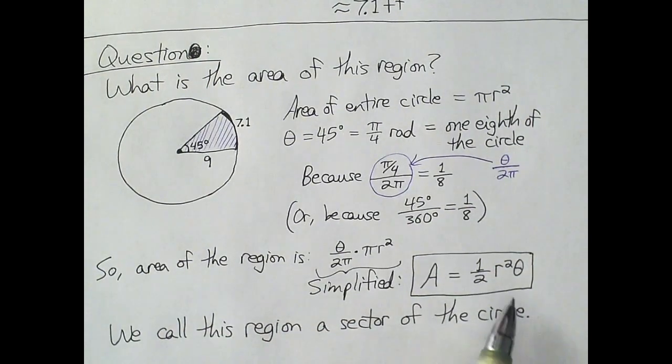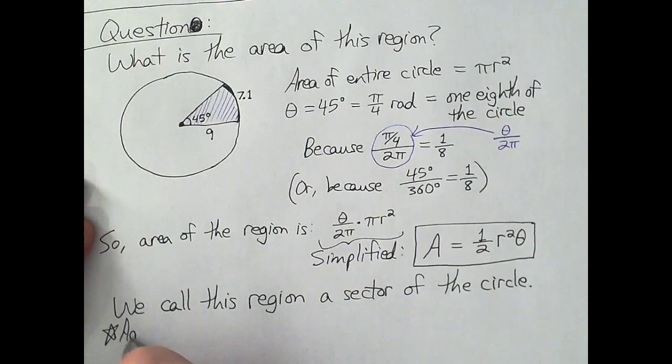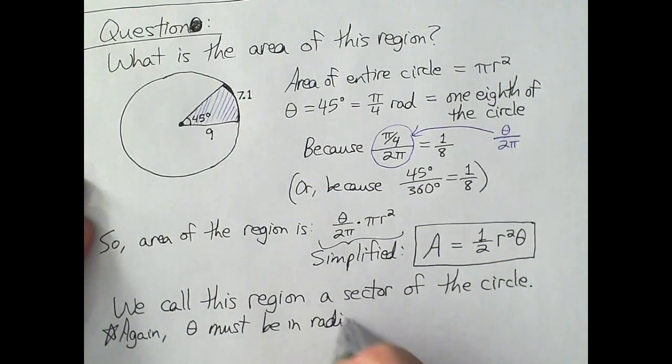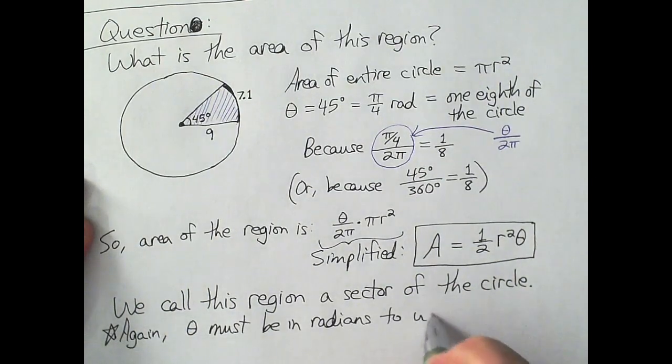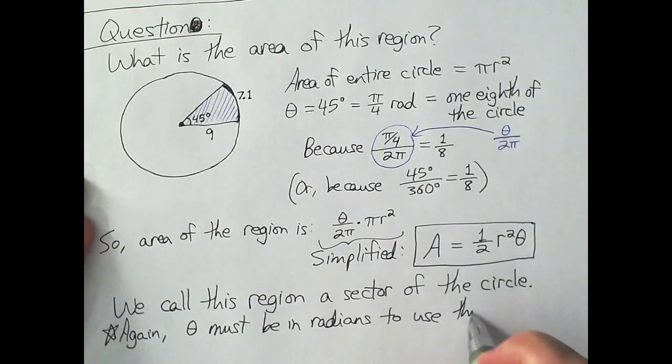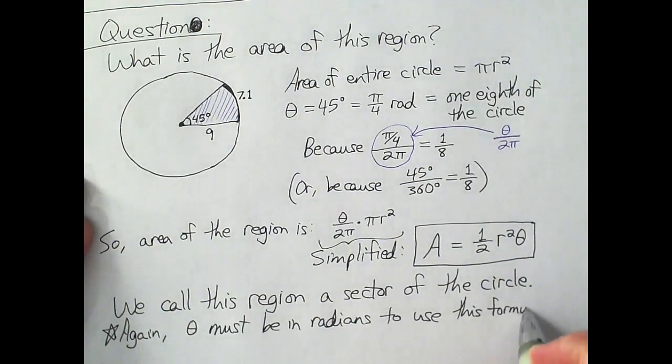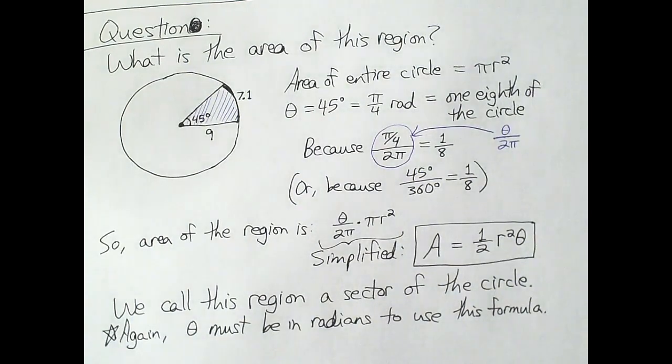To find the area of the sector, you need to know the radius, and you need to know the angle. And again, theta must be in radians to use this formula. Because otherwise, you'd be multiplying by something like 45 degrees. If you multiply it by 45, your answer is going to become enormous. We want to be multiplying by something like pi over 4, and we get the appropriate answer.